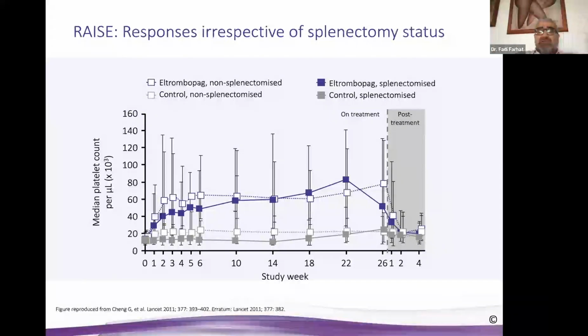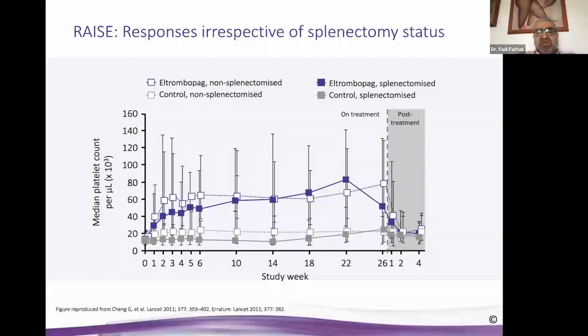It was also important to know if we had to go for splenectomy. For all of us, we used splenectomy as a way to treat such patients in the past. And now, even if such a patient relapses, we have this option, because in splenectomized patients or without splenectomy, as you can see in the blue and the white curves, patients will respond very well.